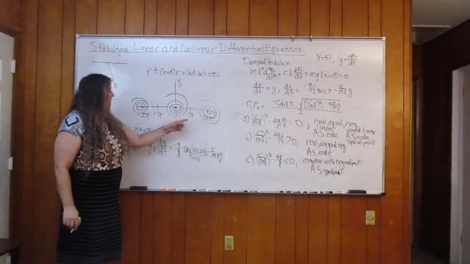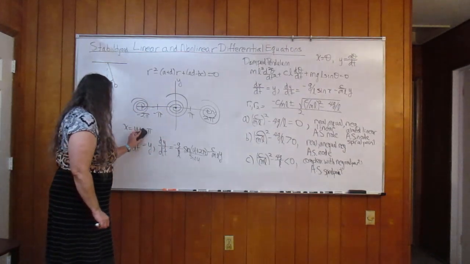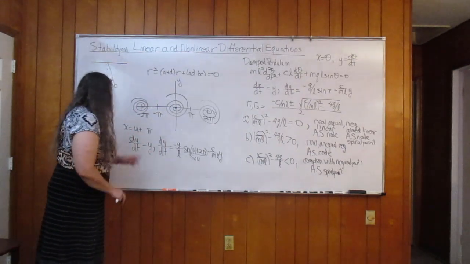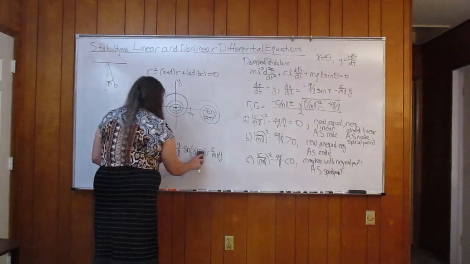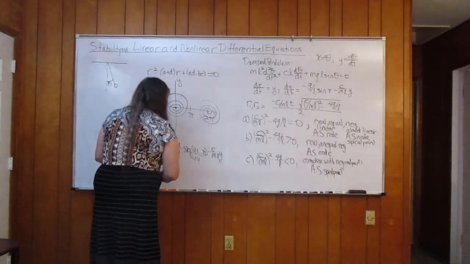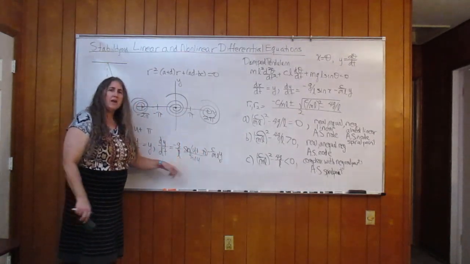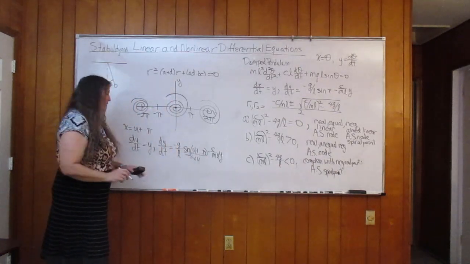Now, what about the points at pi, minus pi, odd multiples of pi? Well, instead, we're going to make the substitution that x is equal to u plus pi. And when I do that, sine of u plus pi is in fact equal to minus sine of u. So now there is going to be a difference.